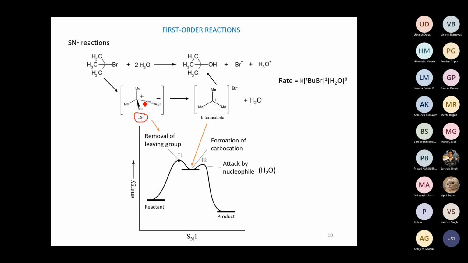One of the carbons, this carbon and the bromine atom, is getting elongated. Water is not coming in here. It is elongated and there is a charge separation, delta plus and delta minus.